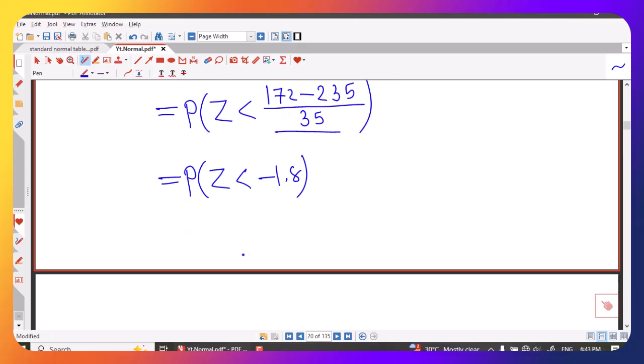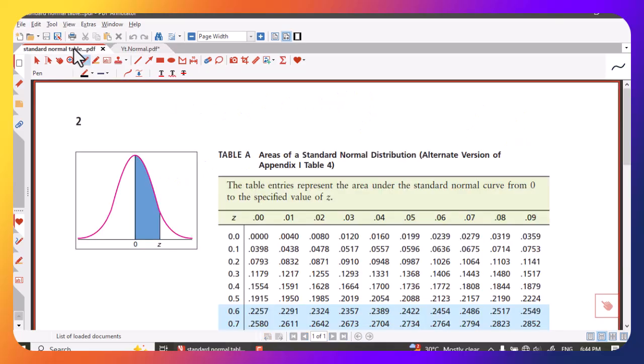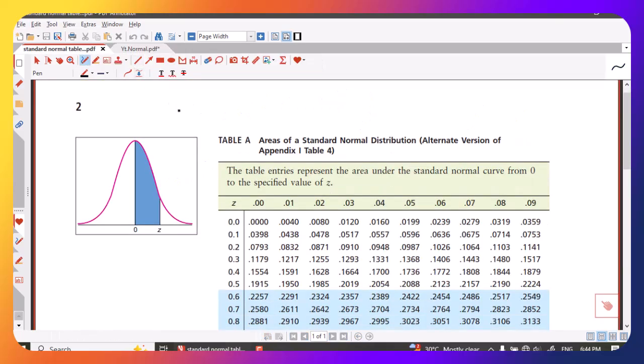And to calculate this probability, I will use normal probability table. We are having two types of normal probability tables. We have already discussed about that in earlier lectures. Here we are going to use probability table which gives us the area between 0 and Z. We are going to use this type of normal probability table to calculate this probability, and you can see here I am going to use this probability table.